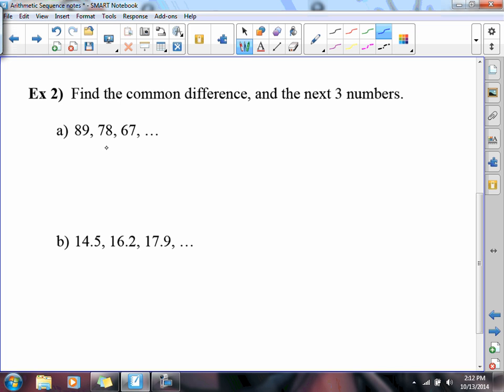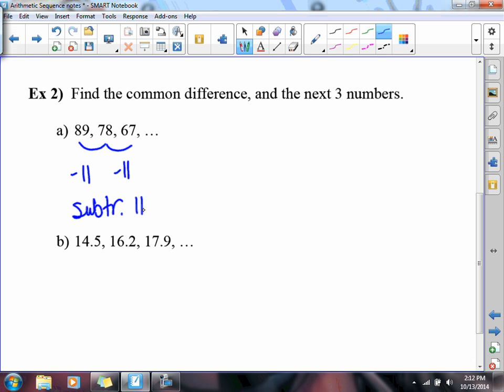So again, going from left to right, to go from 89 to 78, I would have to subtract because the numbers are getting smaller, and I'd have to subtract 11. 89 minus 11 would be 78. And then how do I go from 78 to 67? Again, we subtract 11. So that's going to be my pattern. I'm going to subtract 11.